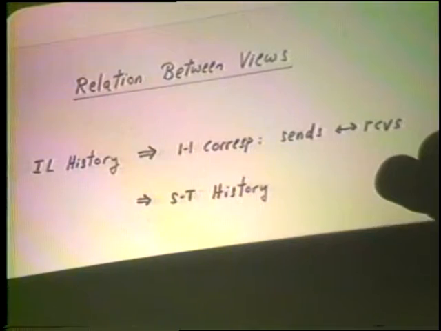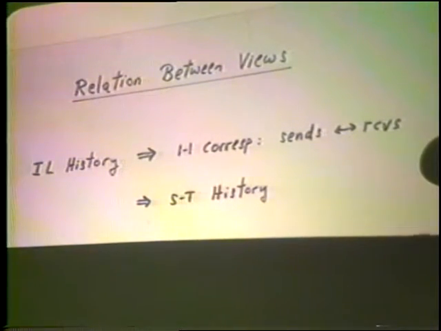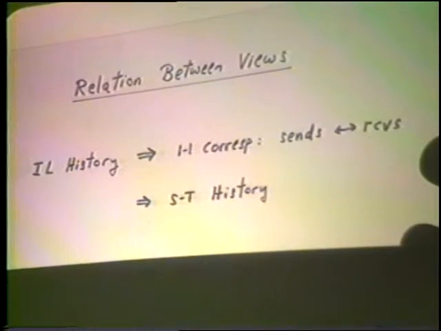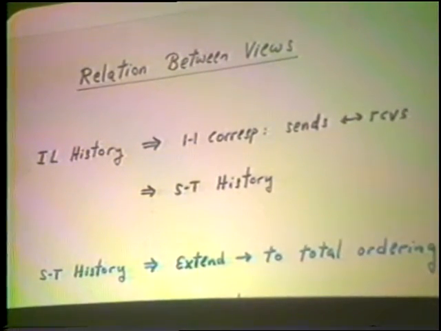Okay, now conversely, supposing we have a space-time history. Well, a space-time history gives us a bunch of local histories together with a partial ordering, that arrow relation that comes from the one-to-one correspondence between sends and receives. A space-time history says that this is a partial ordering, has no cycles, which means we can extend it to a total ordering.